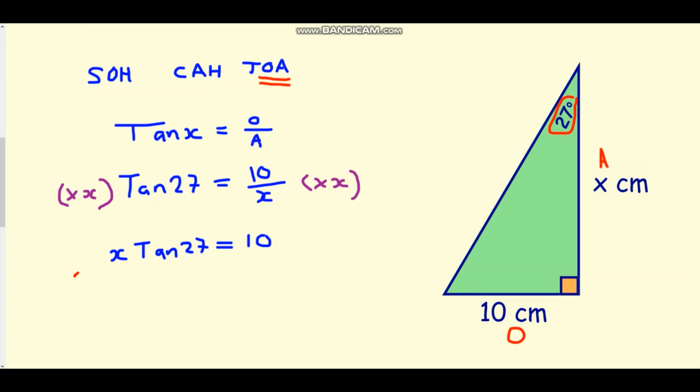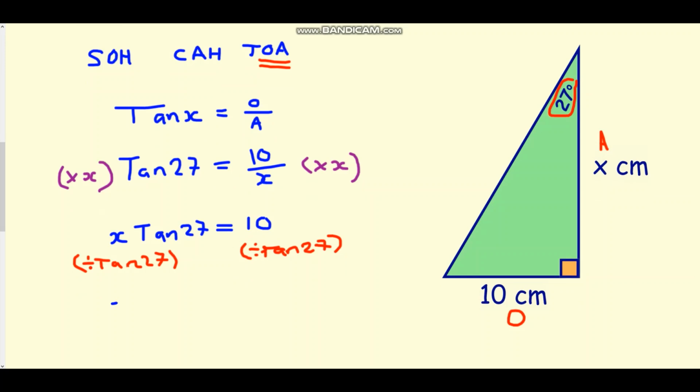And again, we're going to divide by tan 27 on both sides of this equation. That will get us x on its own as the subject of the equation.